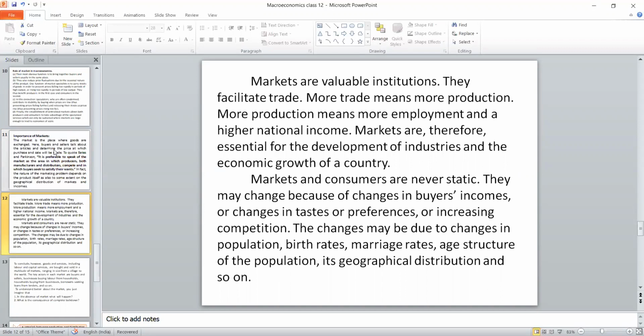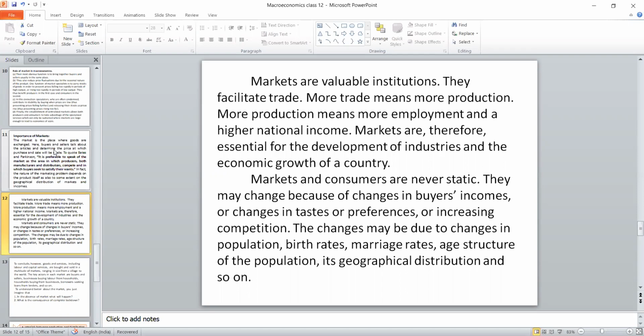When there are more employment opportunities in the economy, automatically the national income will be very high. Once the national income is very high, there is a possibility of economic development. When there is economic development, there will be economic growth. Once there is economic growth, we can maintain the economic stability.